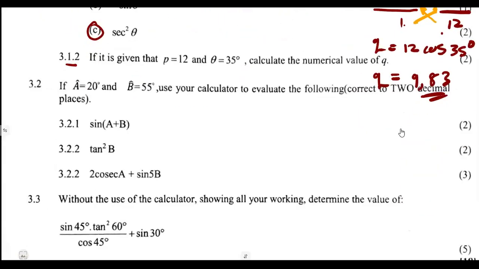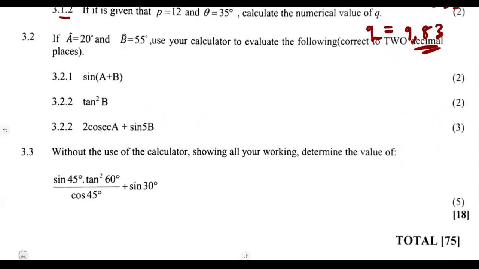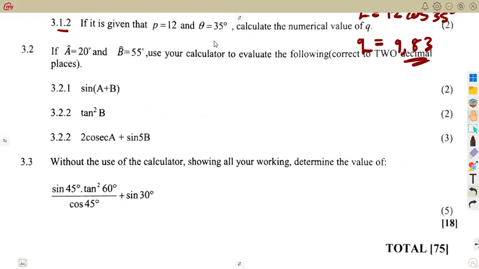I'm just showing you guys that you can use your calculator if you do not understand how to round off your values. Therefore, just use your calculator in that simplification. You won't even go wrong. All right, so guys, we just have to be careful in your simplification.